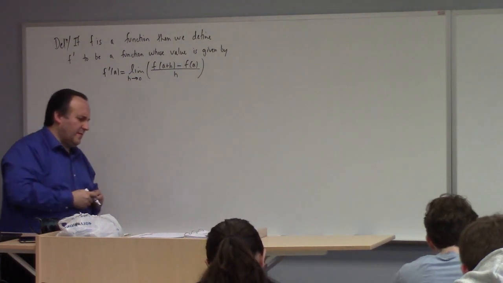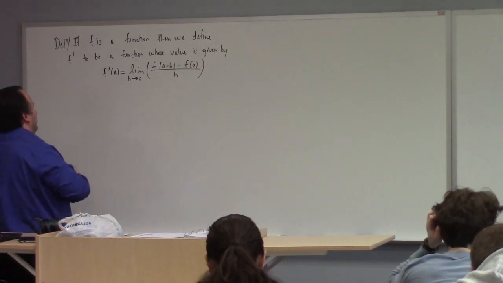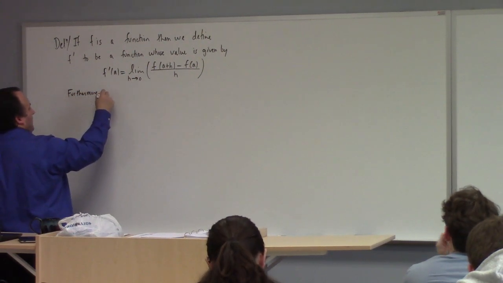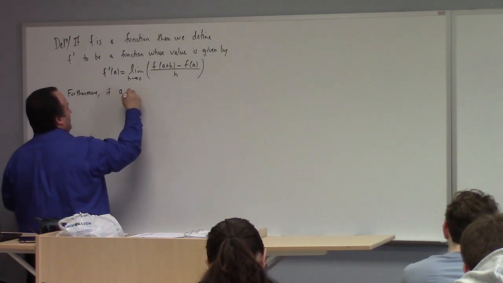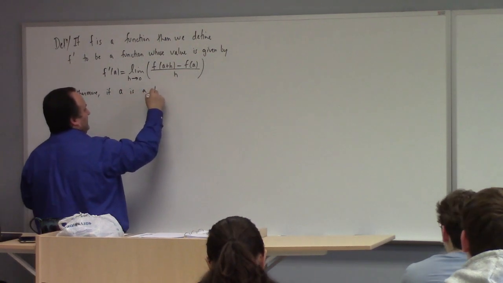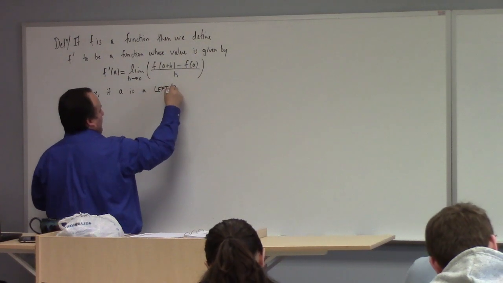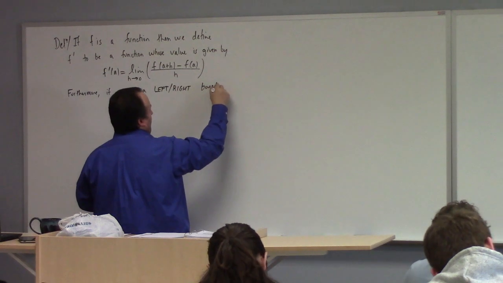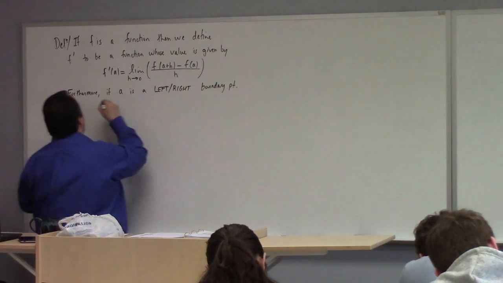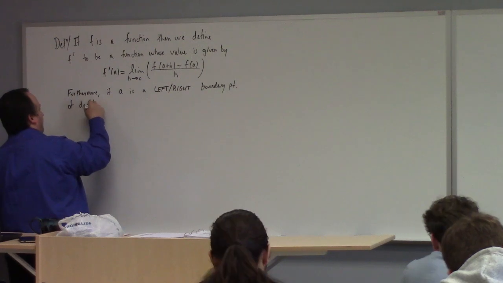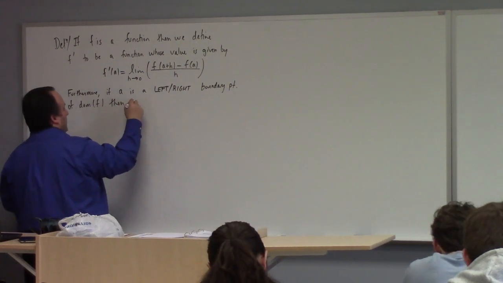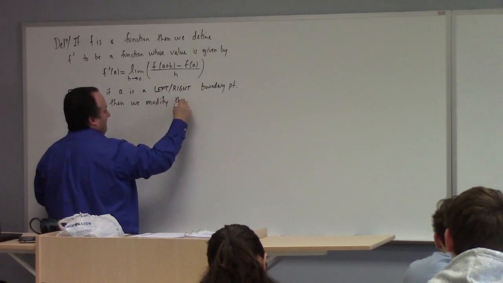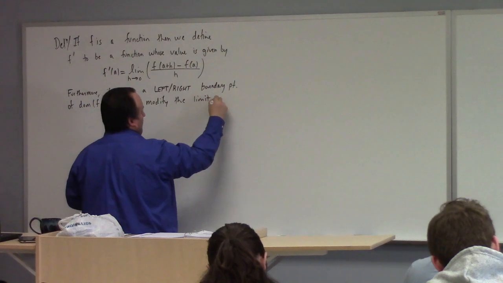I suppose I probably should, to be fair, add: furthermore, if a is a left or right boundary point of the domain of f, then we modify the limit as appropriate.